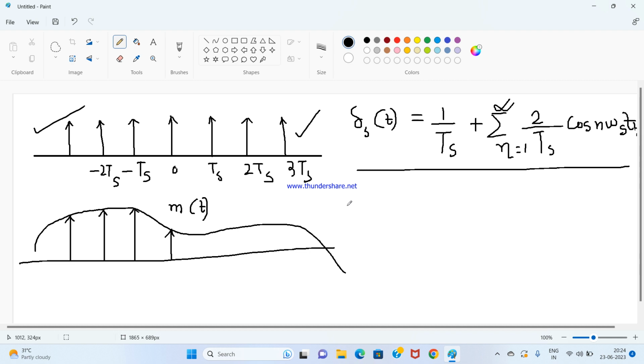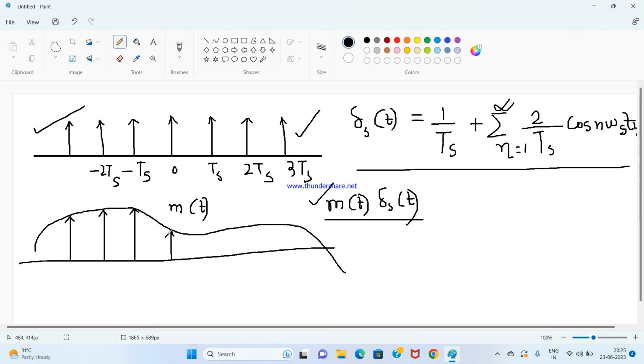Now if we multiply these two signals, I am trying to find m t into delta s t.